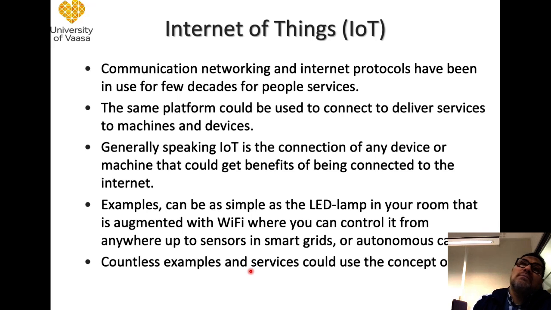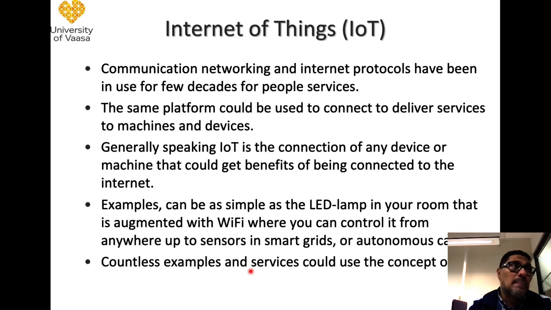So for example, your lamp at home might be connected through Wi-Fi, so you can switch it on or off from anywhere. When you go to your bed and start reading your book, there is no need anymore to stand up from your bed to switch off the light, because you can switch it off using, for example, your mobile phone, or even your smartwatch.